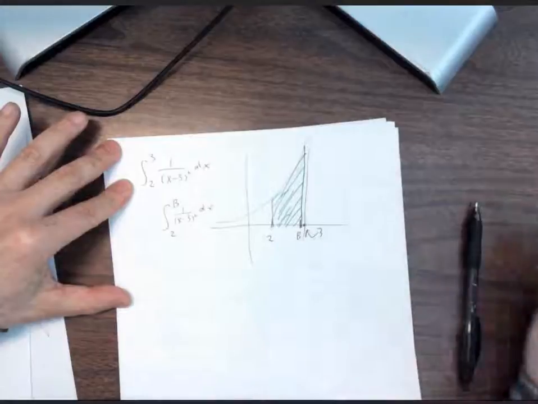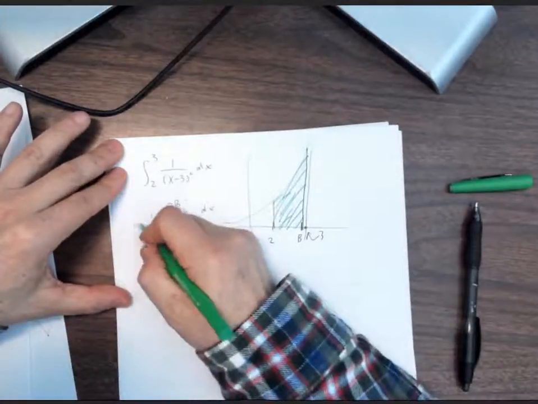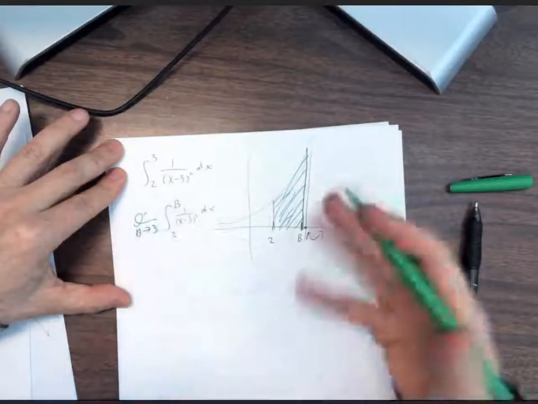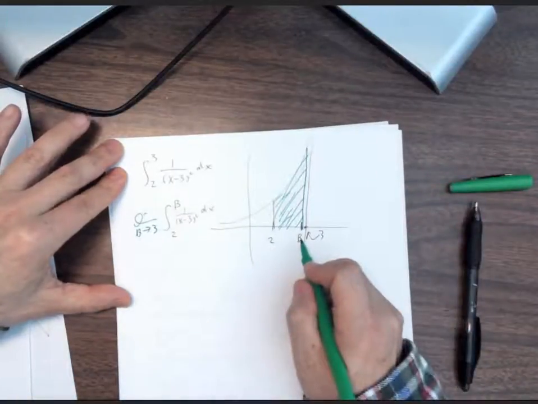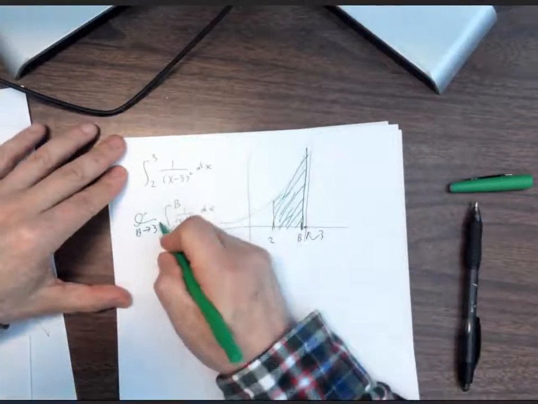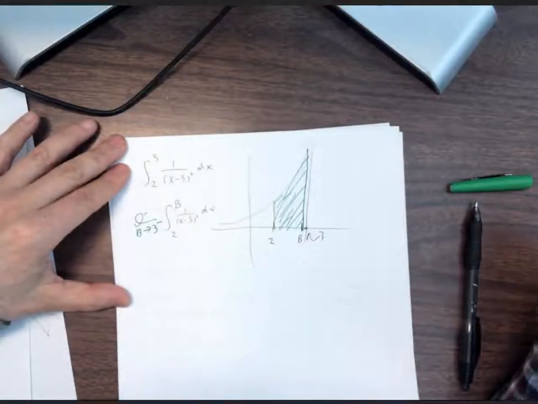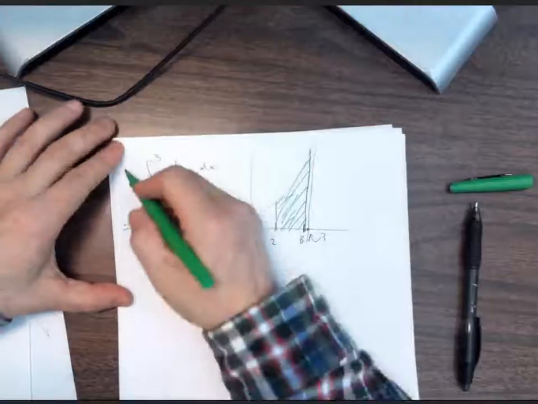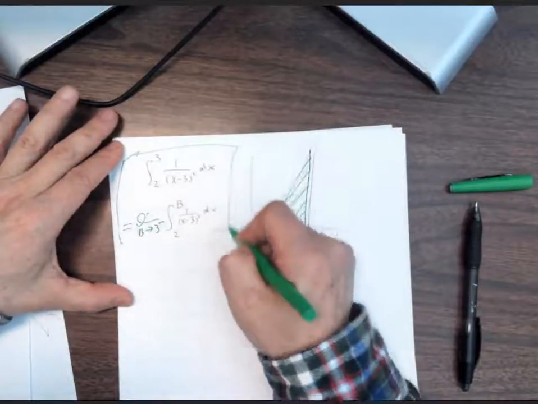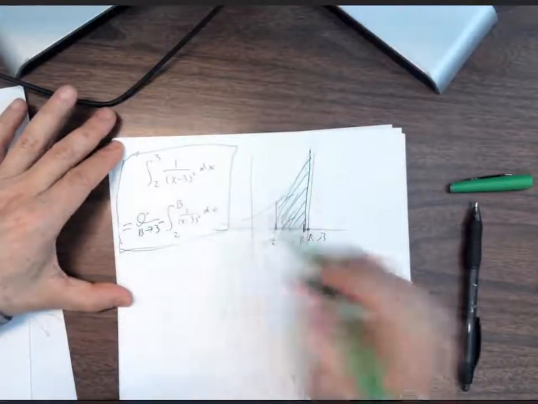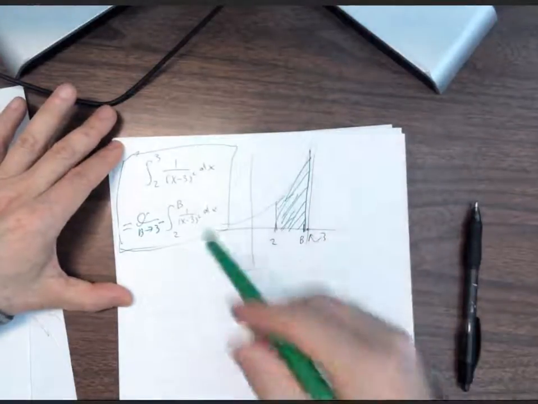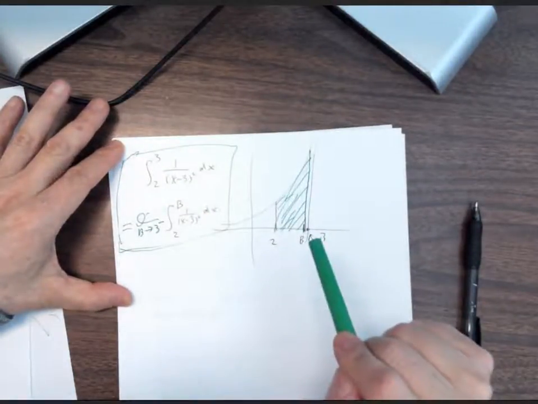Once we find that, we send B to 3. We take a limit. Actually, B is always on the left side, so it's a left side limit. So this would give us the value of this improper integral.